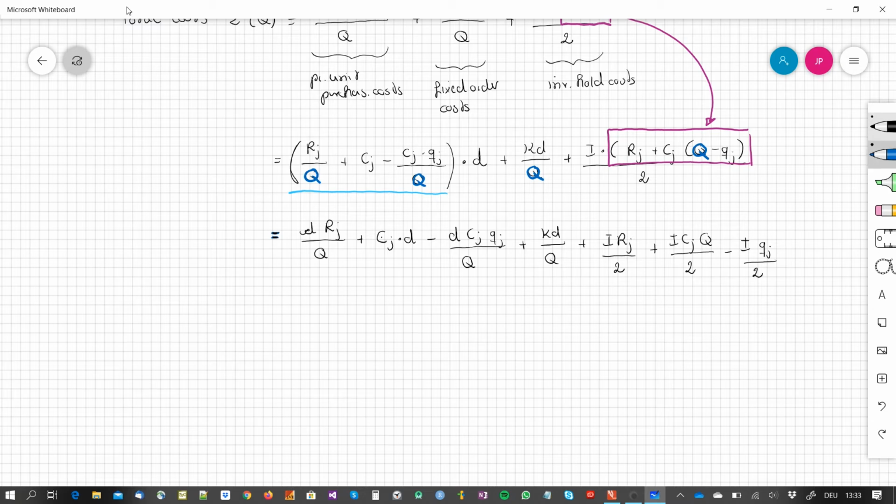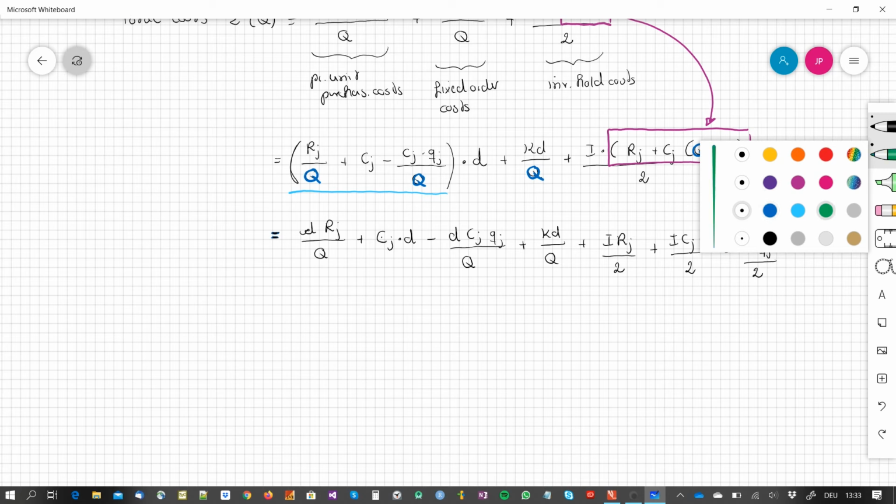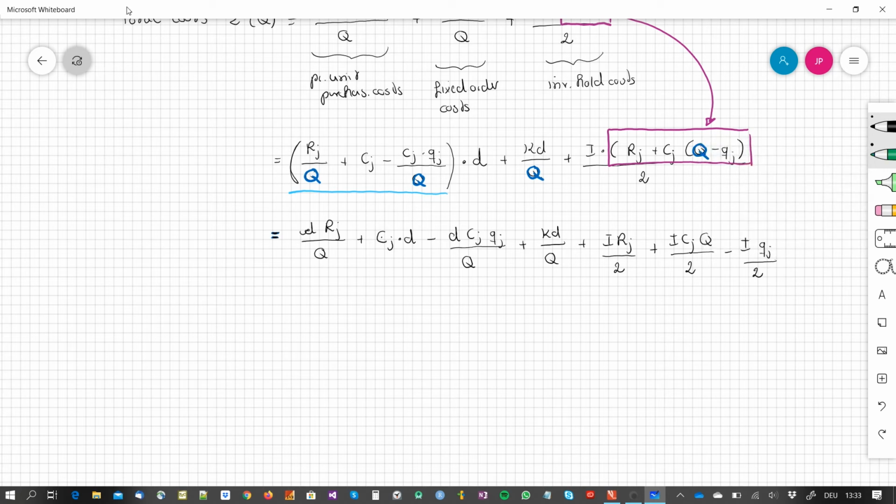And then I can see when I'm done that I have a Q here, Q here, here. In the denominator, so we have some of the fractions that have a Q in the denominator, and I can try to put them together and see if this becomes then more clear and easy.